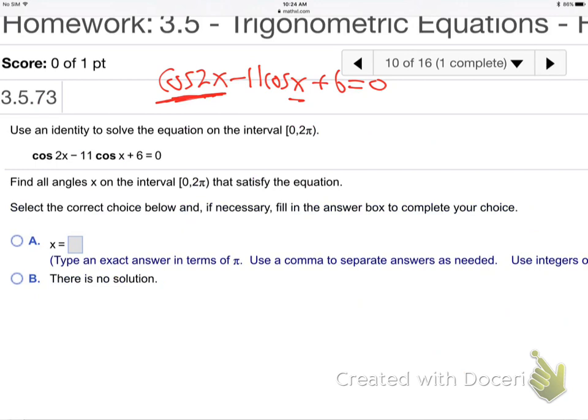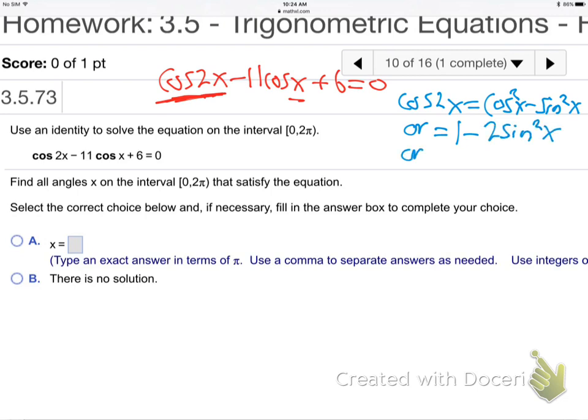Let me show you what you should put on your 3x5 card. Cosine 2x is a couple of different things depending on what you're needing to do at the moment. It is cosine squared minus sine squared. That's true. Or it is 1 minus 2 sine squared, or it is 2 cosine squared minus 1.